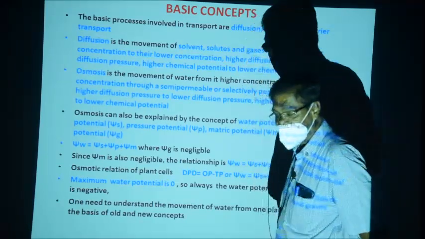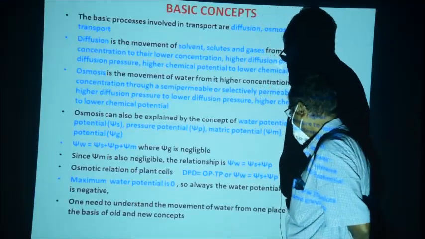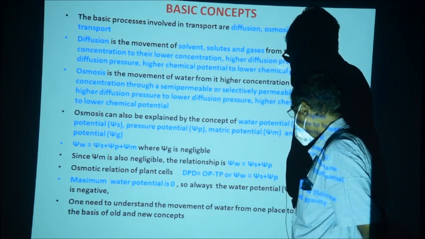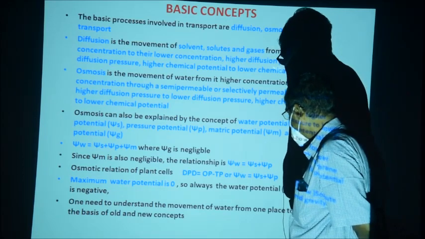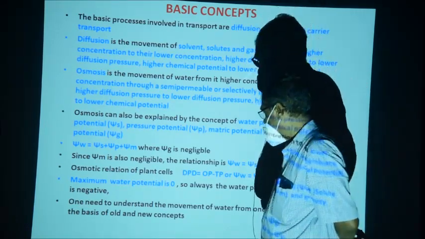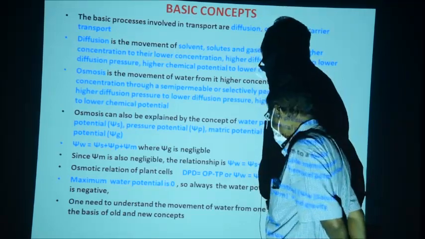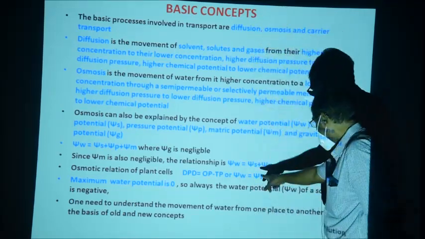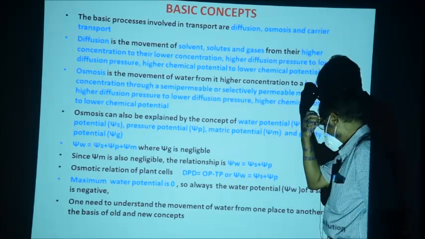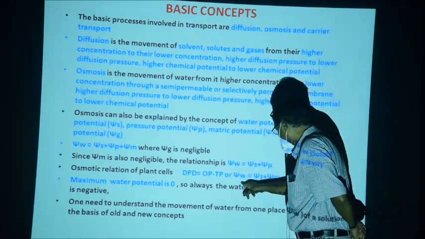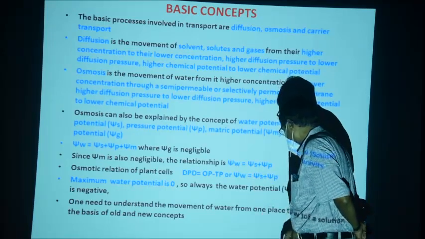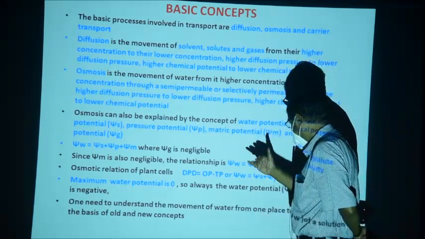Now, psi M is negligible, and it is believed that psi G is also negligible. So we are left with psi W equals psi S plus psi P. In osmotic relations of a plant cell, we use this: psi W equals psi S plus psi P. Here, the maximum water potential is 0, and when solute enters the water, the water potential decreases.